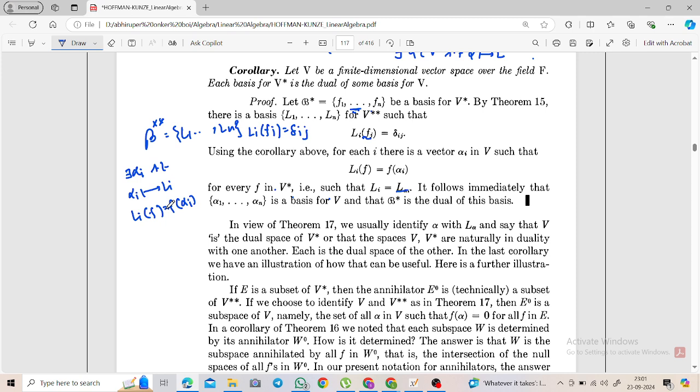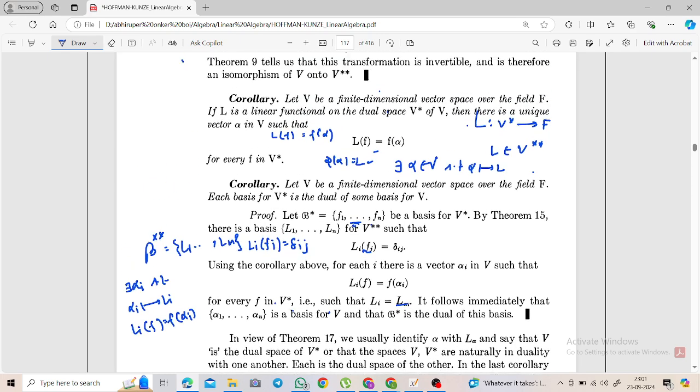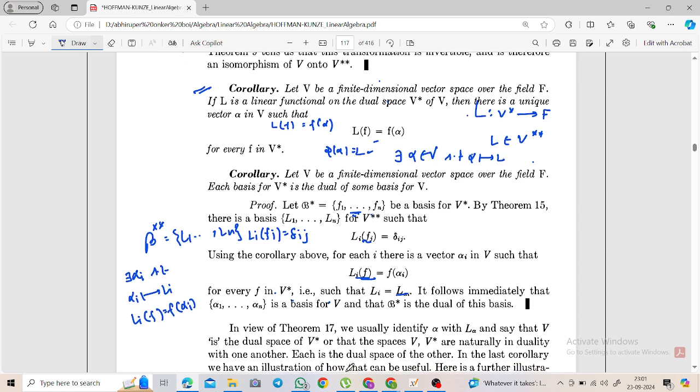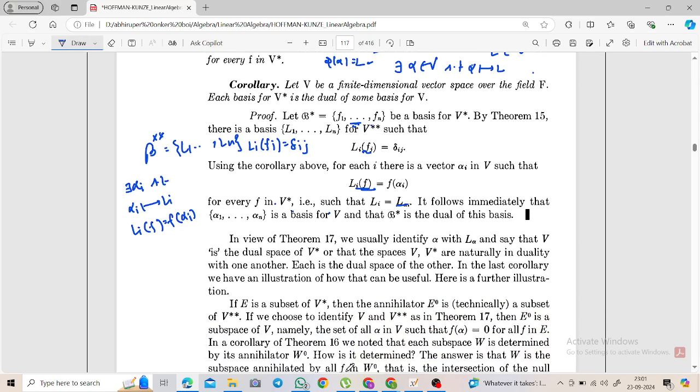From this corollary, it follows that there exists alpha i such that Li f is f alpha i for every f in V star. That is, Li is L alpha i. Okay. It follows immediately that alpha 1 to alpha n is a basis of V.